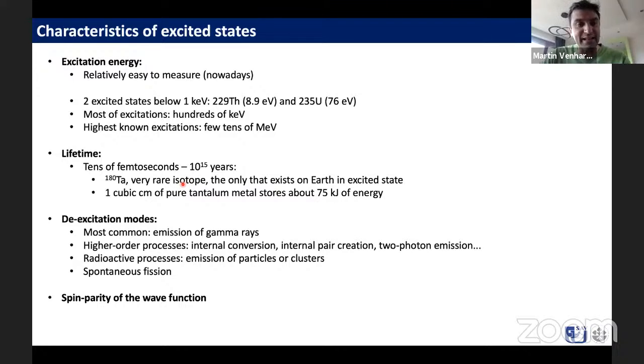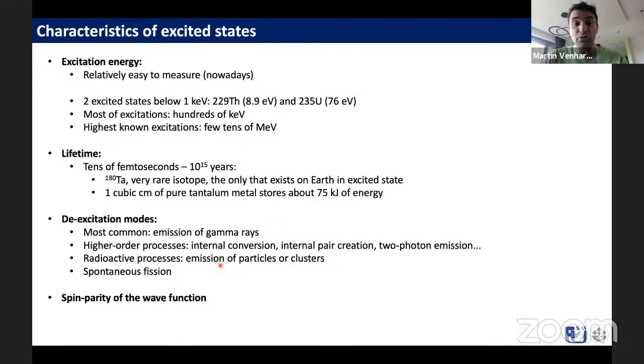As for the decay modes of these excited states, the most common is the emission of gamma rays. But then there are higher order processes like internal conversion, internal pair creation, or two-photon emission. I won't be discussing them today. We will be speaking strictly only about gamma rays.